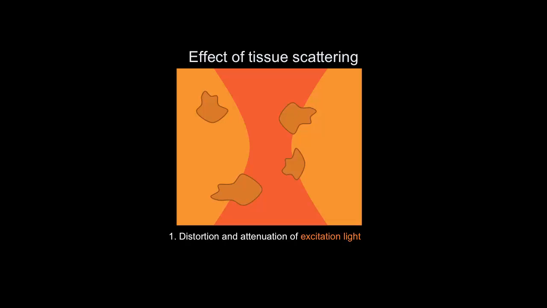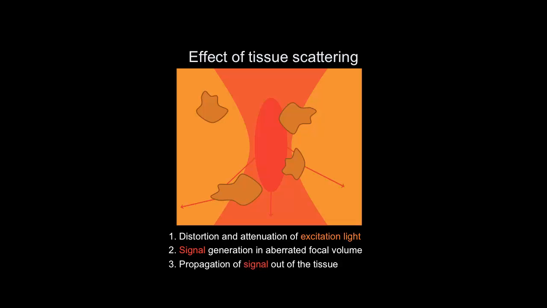It distorts and attenuates the excitation light, which means that the focal point will become aberrated and enlarged, and then the signal is generated in this enlarged focal point, and then the scattering can propagate the signal out of the tissue. So it affects the excitation, and through the excitation it affects the generated light, and it also affects the emission.